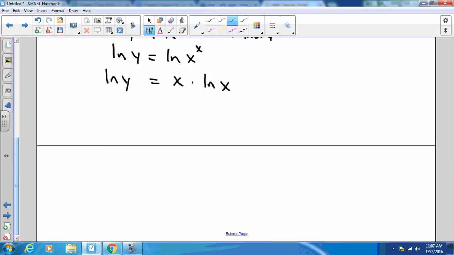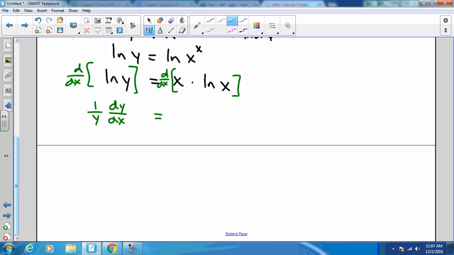Okay? Now that I have decomposed it, I'm ready for a derivative with respect to x on both sides. Now on the left-hand side, keep in mind this is the natural log of y, so we're going to see what we've seen a whole lot of, the derivative of the outside times the derivative of the inside, 1 over y times dy dx.